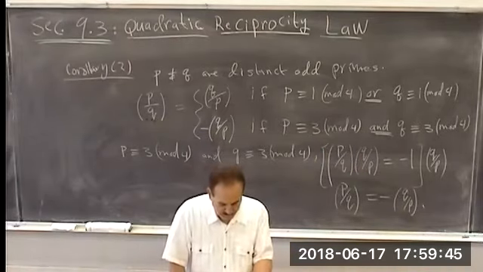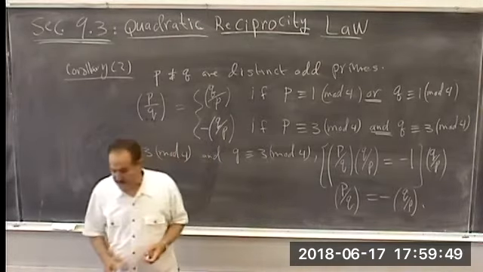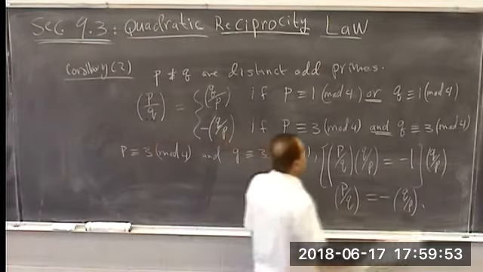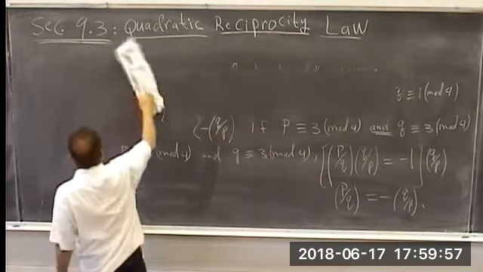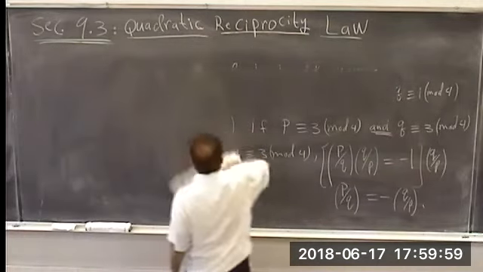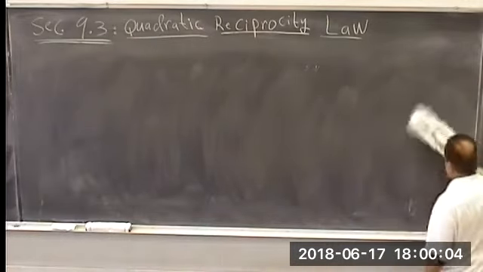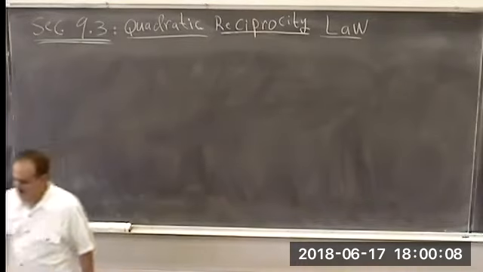All right. Now, before I give examples and so on, let me prove the first version of the quadratic reciprocity as a criterion for solvability. So we're going to prove the very first theorem that I stated.